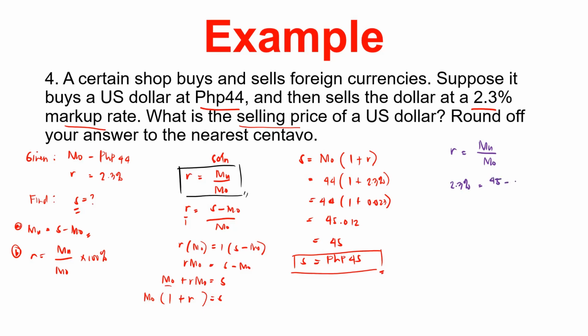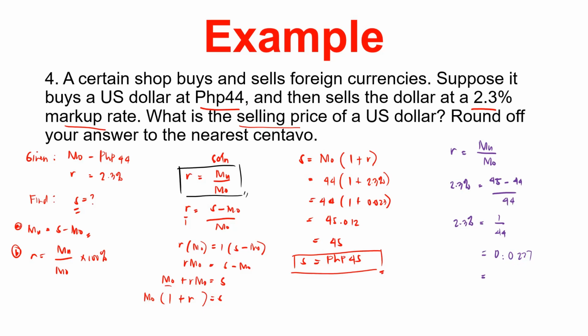Our cost price is 44 over cost price. Then we have 2.3% is equal to 1 over 44. Iko-convert natin si 1 over 44 sa rate. So pag kinuha niyo yung quotient, class, ni 1 divided by 44, you will get 0.0227.